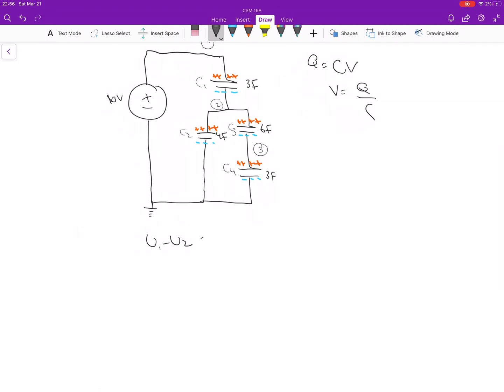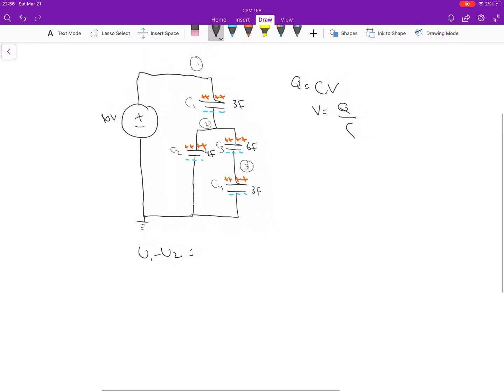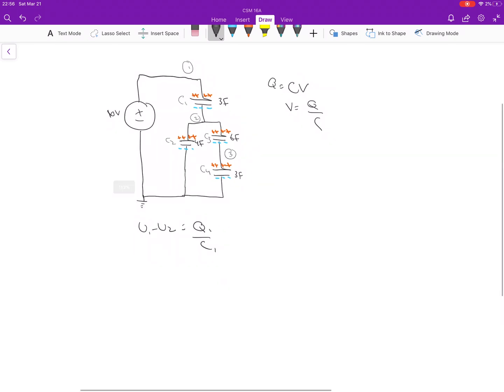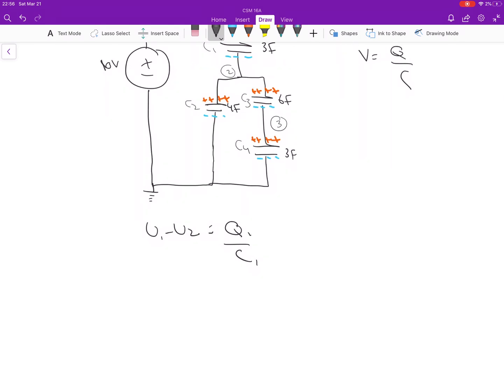So V is equal to Q, and we're always going to be using the positive charge here, so basically just the magnitude, Q over C. C1 and Q1. Okay, so across C2, we have U2, and then on the other side, you have this ground node that's just connected to ground. So U2 minus 0 is equal to Q2 over C2.